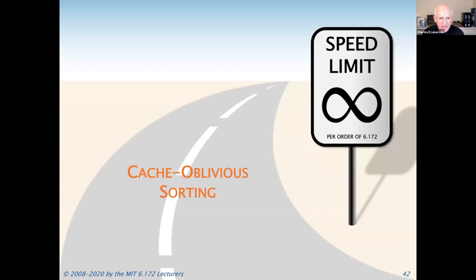So I have slides here on cache-oblivious sorting. I didn't prepare them, and I'm not going to present them. But you should know that there are asymptotically optimal cache-oblivious sorting algorithms. I've lectured this material in the past, and I'll include them in the lecture slides I post in Canvas, but I'll warn you that I haven't revised them for this year.